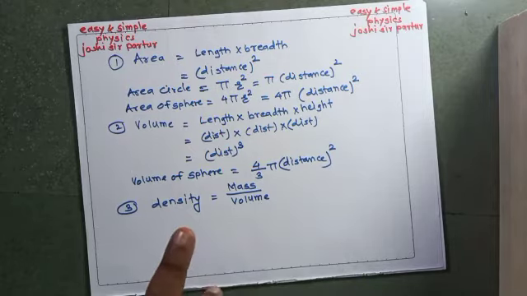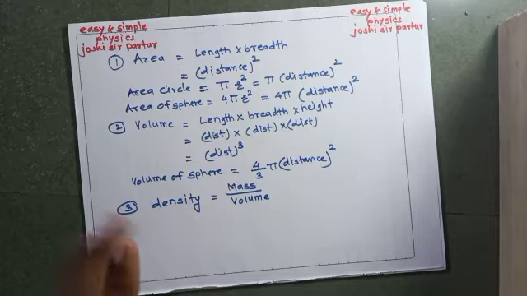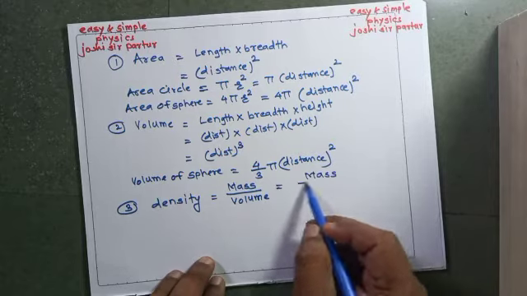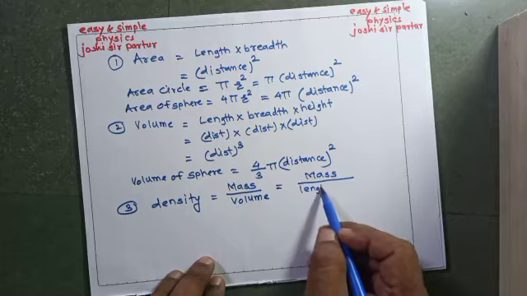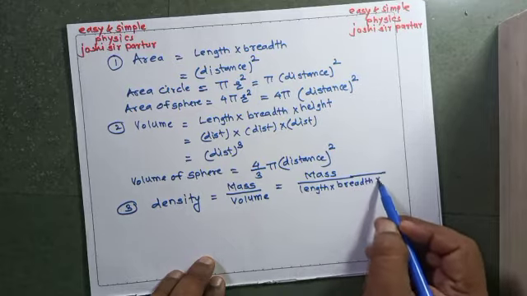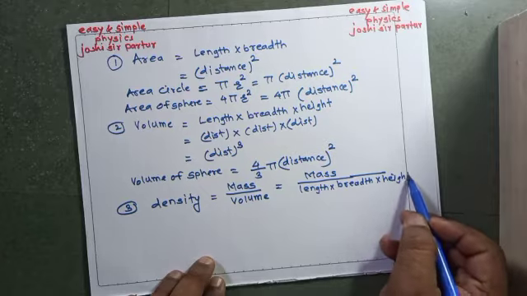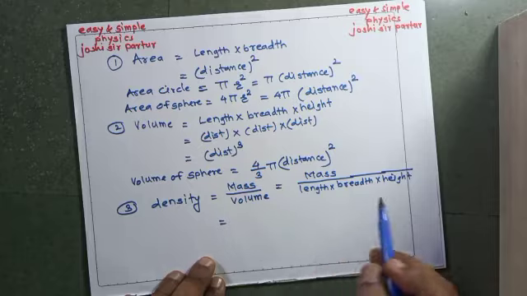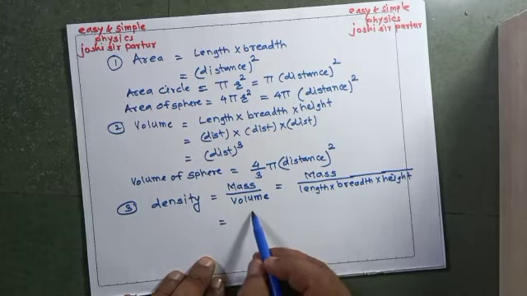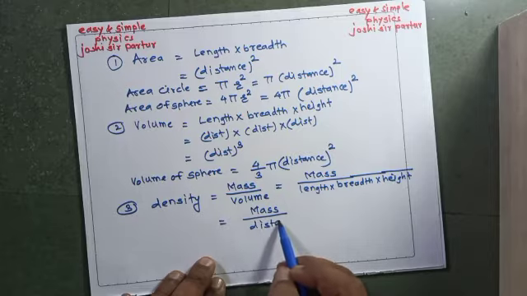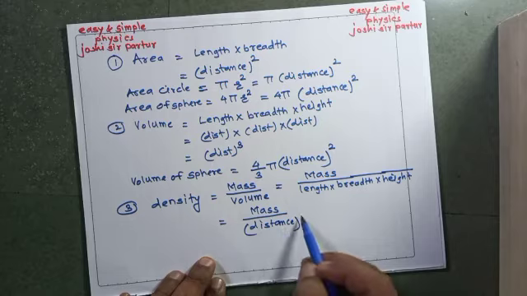Here mass is there, but volume we can write as length multiplied by breadth multiplied by height. So density is also measured in terms of mass, distance and time. It will be mass upon distance cube.